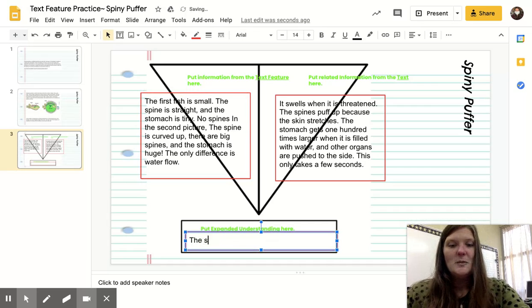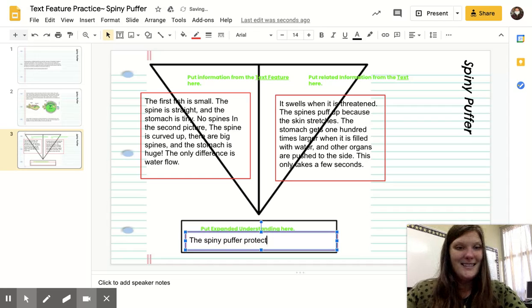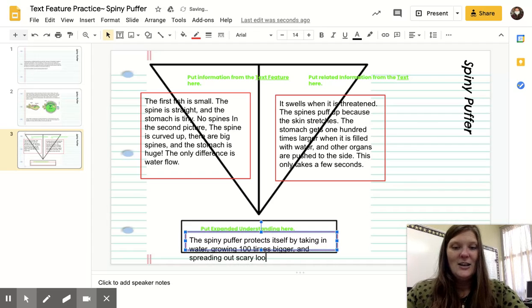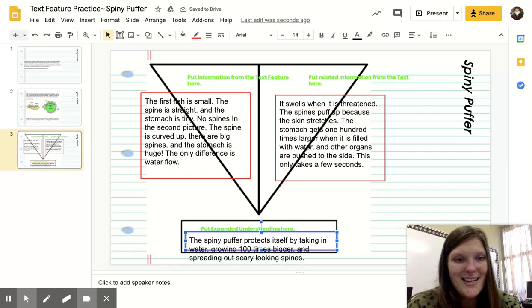The spiny puffer protects itself by taking in water, growing 100 times bigger, and spreading out scary looking spines. I think that's some good expanded understanding about the spiny puffer fish.